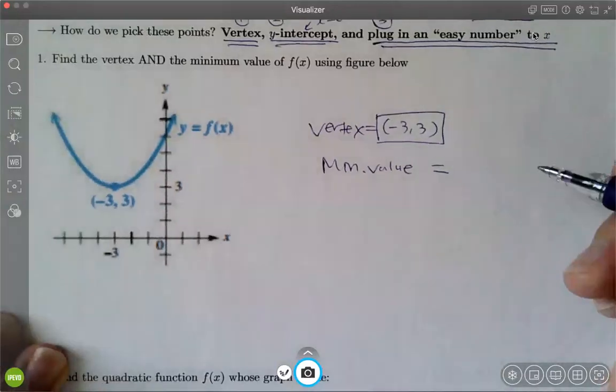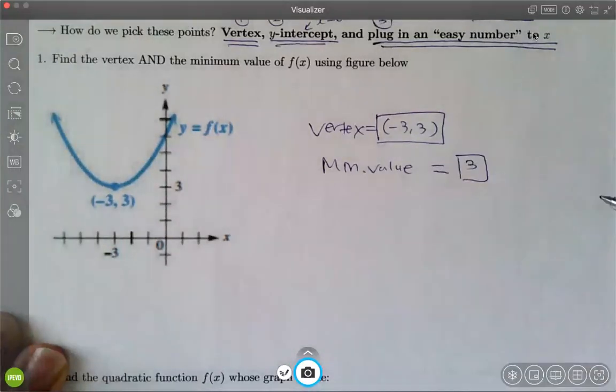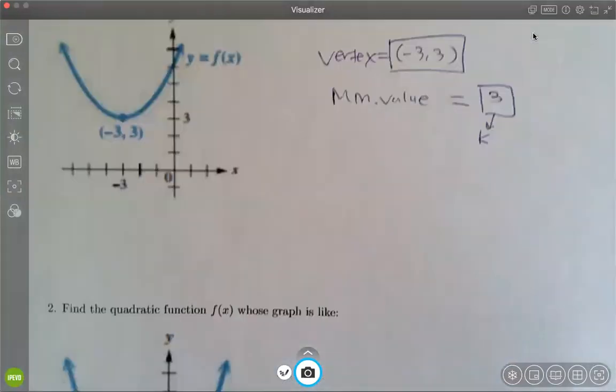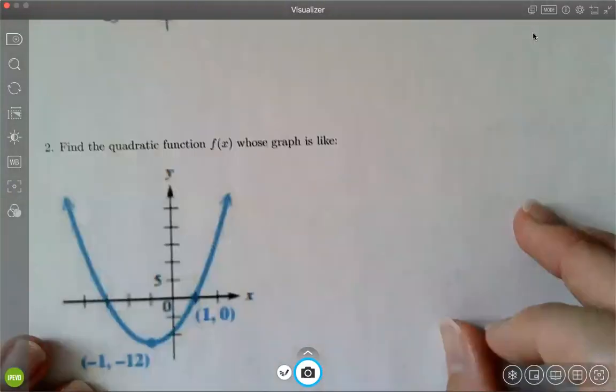Yes. So the minimum or even maximum value, that's not the vertex, it's the k value from the vertex. Now, question number 2. Find the equation of the quadratic function whose graph is like below.